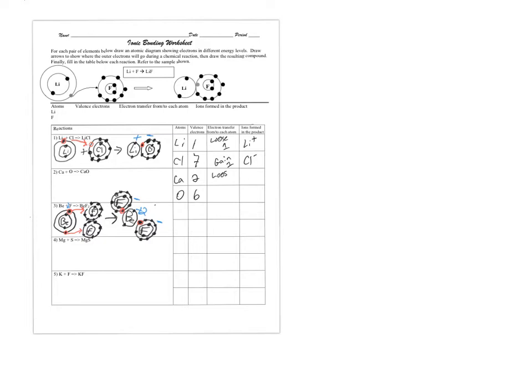And this is going to gain 2. Now here we're filling in the second shell, so you want to fill in 8. And so 6 plus 2 is 8. And the ion you form here is a calcium plus 2, and an oxygen minus 2. All right.